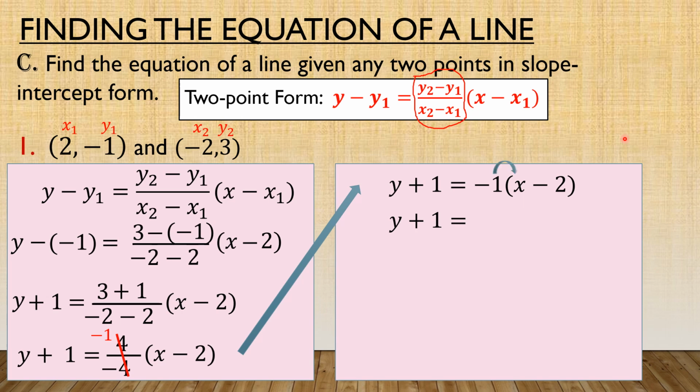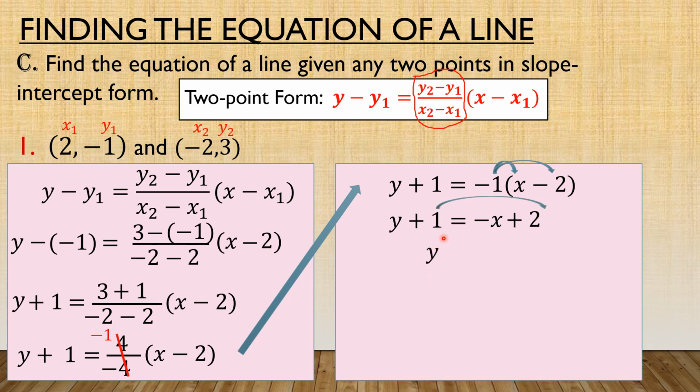Okay, so we'll now distribute. Distribute na natin yung negative 1 dun sa x. So, negative 1 times x is negative x. And negative 1 times negative 2 is positive 2. Again, ilalagay daw ang ating answer or ibibigay yung ating answer sa slope-intercept form. So, kung ganon, wala sa pwesto si 1. So, dapat isolated yung y.